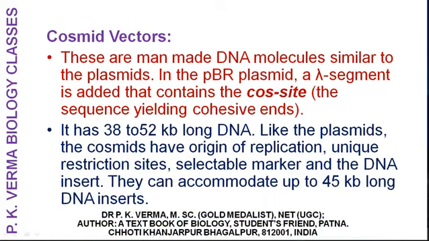It has a 38 to 52 kilobase long DNA. Like the plasmids, the cosmid has origin of replication, unique restriction sites, selectable marker, and the DNA insert. They can accommodate up to 45 kilobase long DNA insert.